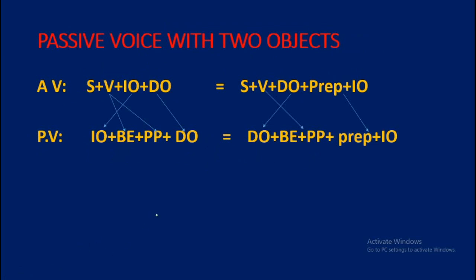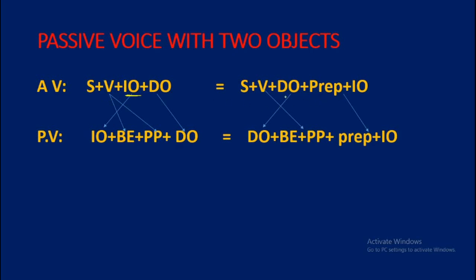So, passive voice. When an active sentence contains two objects, the passive voice should be changed like the active voice: verb transitive, indirect object and direct object. If you place the indirect object first and the direct object next, there is no need of a preposition before the indirect object. The preposition is implied.